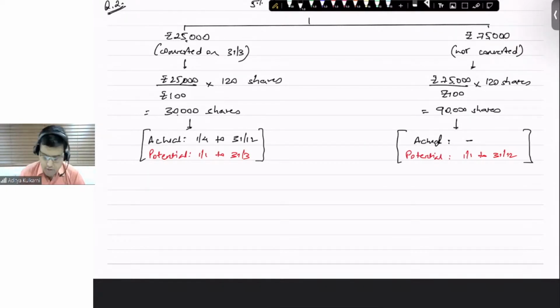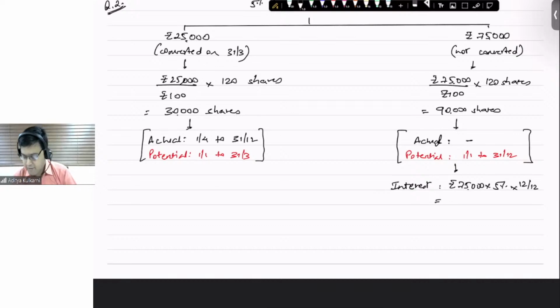So when these instruments get converted, what is the interest impact? Interest is 75,000 into 5%. This is for the full year. So 75,000 into 5% gives you 3,750.